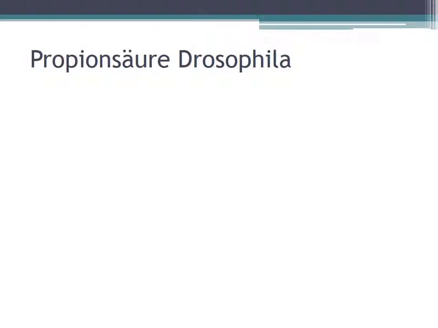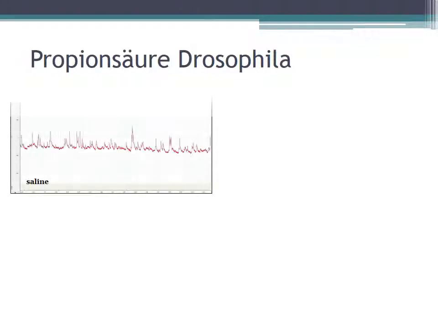So what we also did is look at the minis with propionic acid. This is a recording you usually get once you put the electrode inside of the cell. That was the moment when I had to leave the lab, unfortunately, so I don't have any specific data on that yet. On the x-axis there's the time, and each number here stands for about a second.